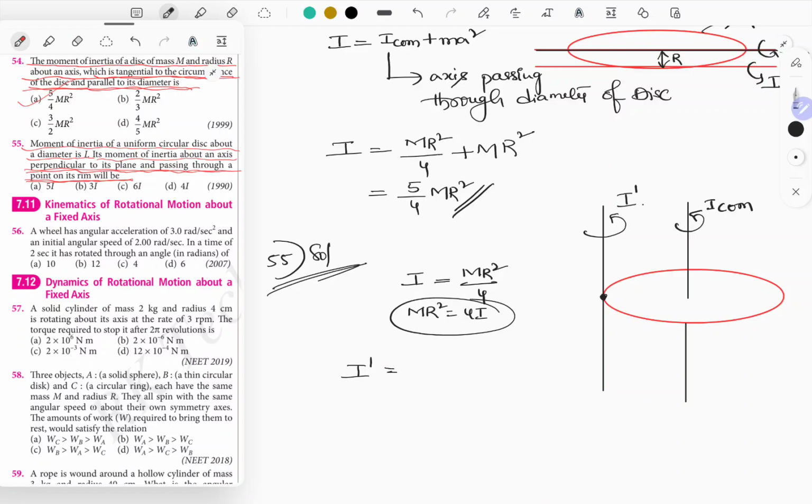That's what I have to find out. I dash is equal to I center of mass plus M a square. The distance of separation between these two axes is a. So I center of mass is M r square by 2. This is the moment of inertia of the disk whose axis passes through the center of mass and is perpendicular to the plane.